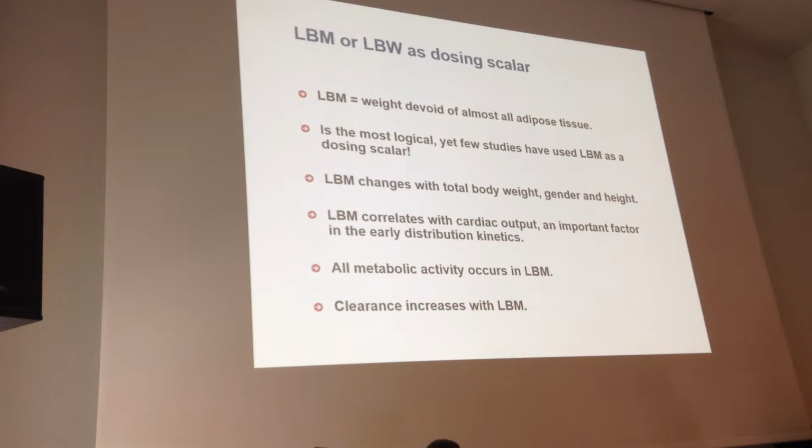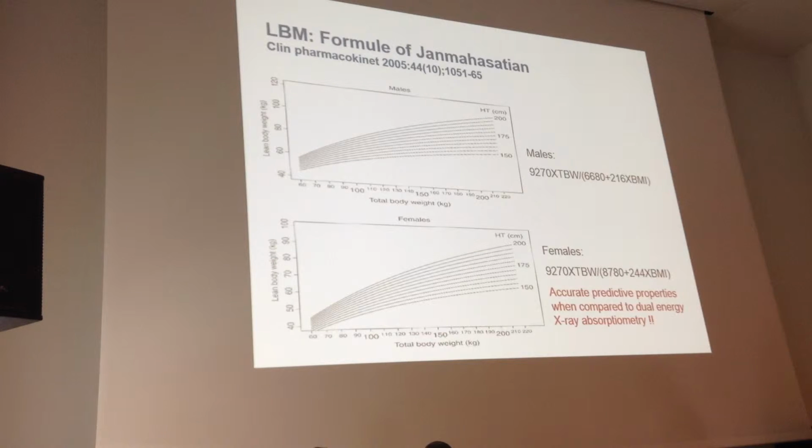Lean body mass, the use of lean body mass would be more logical. Why? Because it's devoid of almost all the adipose tissue. The lean body mass, that's where all the metabolic activity occurs, and lean body mass correlates very well with cardiac output and metabolic activity and clearances of our drugs.